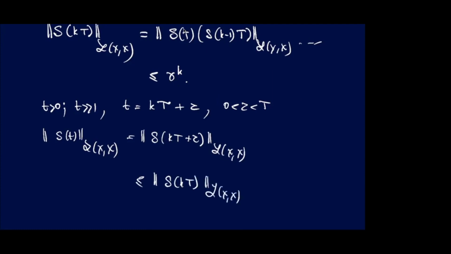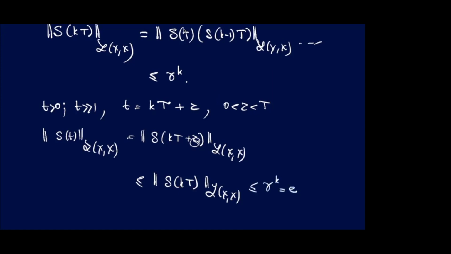Because the semigroup is dissipative, so this extra tau time that I let, which might be very small, so I cannot quantify the effect of this remaining tau time interval, definitely this produces a further decay of the norm, right? So this means that the norm of S t for sure will be less than the norm of S of k capital T. But we have seen that this is less than gamma to the power k.